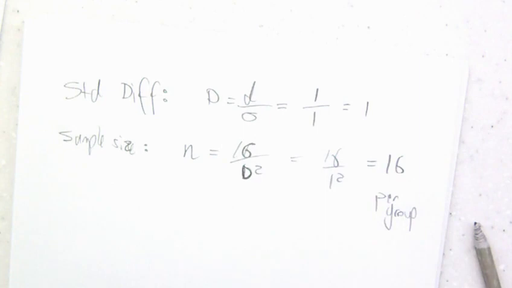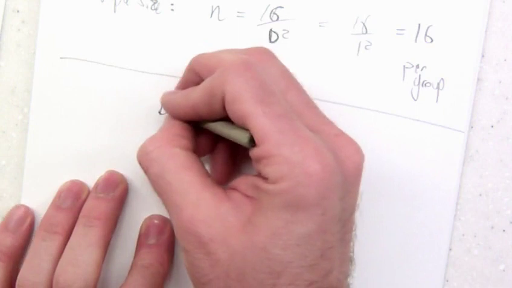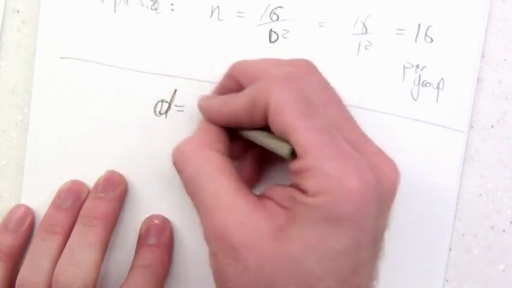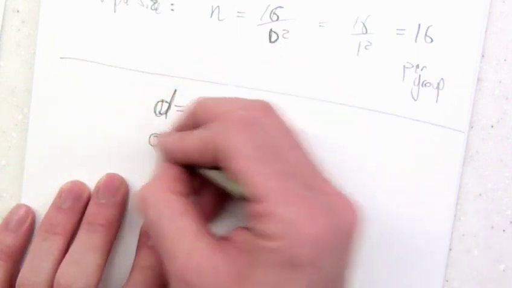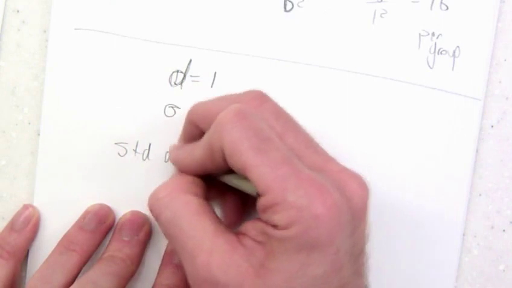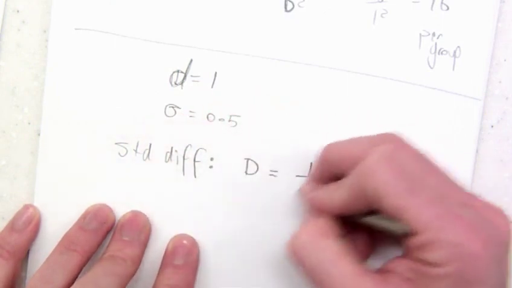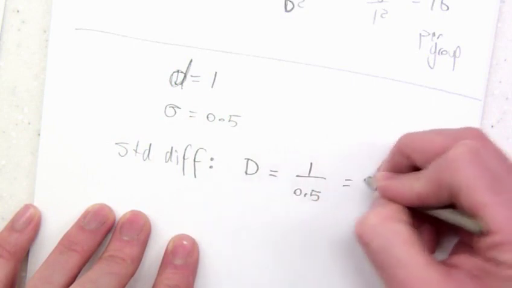Okay, what if instead the difference I was looking for was still 1 degree Celsius, but the standard deviation was half the size? What if the difference I was looking for was still 1, but the standard deviation was 0.5? Well, let's see. The standardized difference would be 1 divided by 0.5, which would come out to 2.